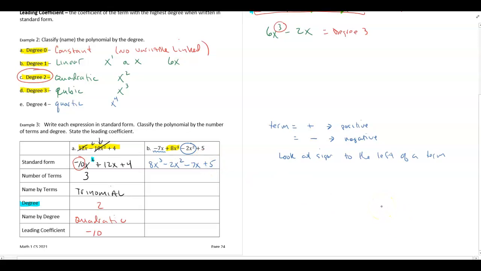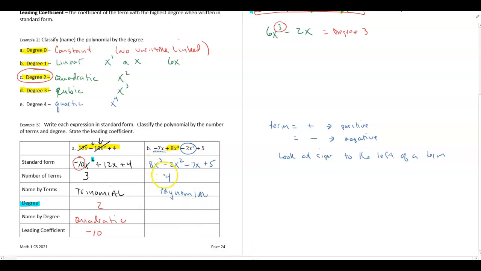So remember, the signs are just as important as writing in descending order by exponent. If it's positive, we add it. If it's negative, we subtract it. How many terms does this have? This has 4 terms. And again, anything over 3 terms, we just call it a polynomial.